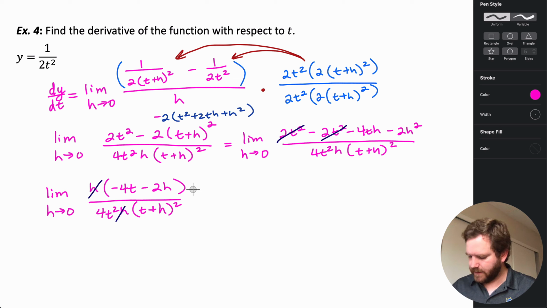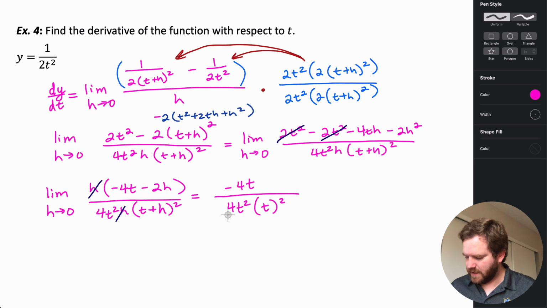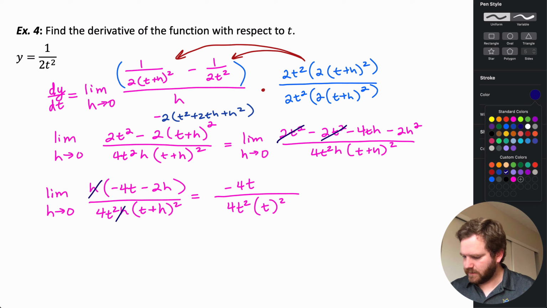So let's go ahead and plug in 0 for h, and I get negative 4t in my numerator. The denominator turns out to be 4t squared times t plus h. So t plus 0 is just t, and that's being squared. So we have 4t to the 4th and then a negative 4t. So that can simplify a little bit.